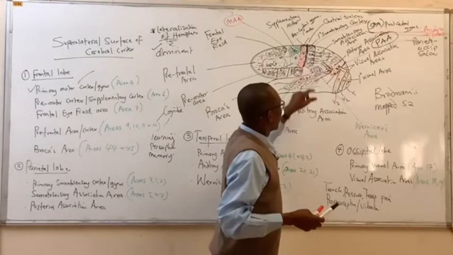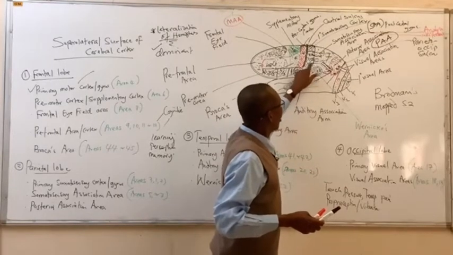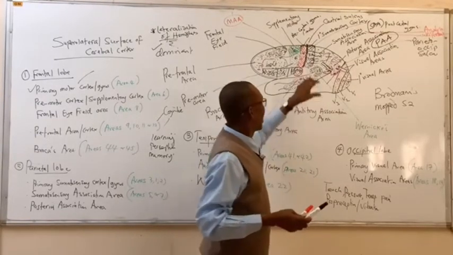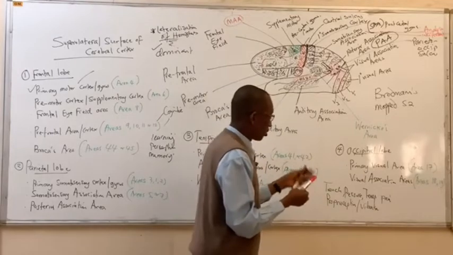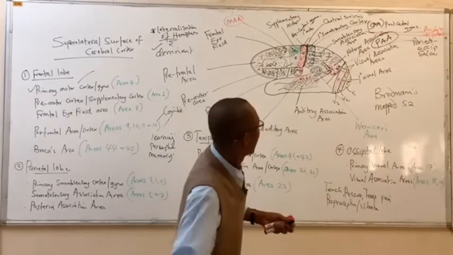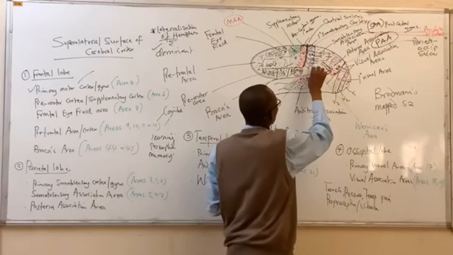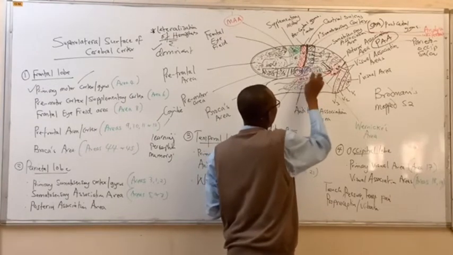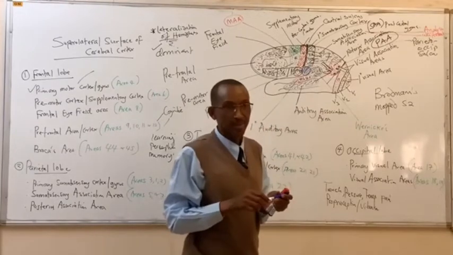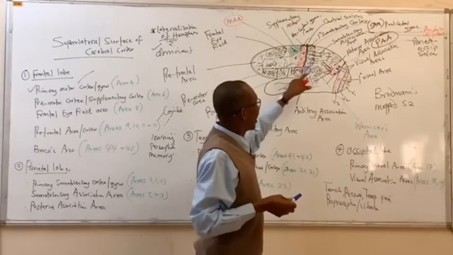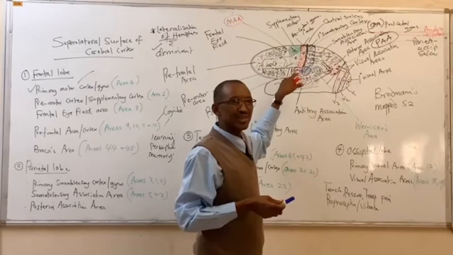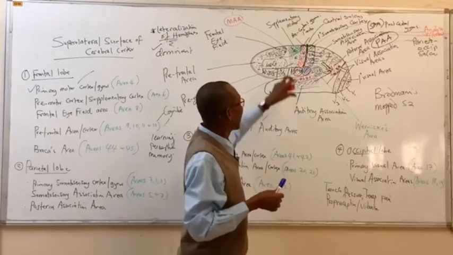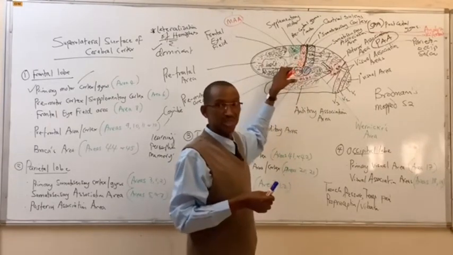Similarly, on the parietal lobe, just inferior to the primary somatosensory area here, there is another important area. That area is partly hidden inside one lobe that is considered to be a lobe.